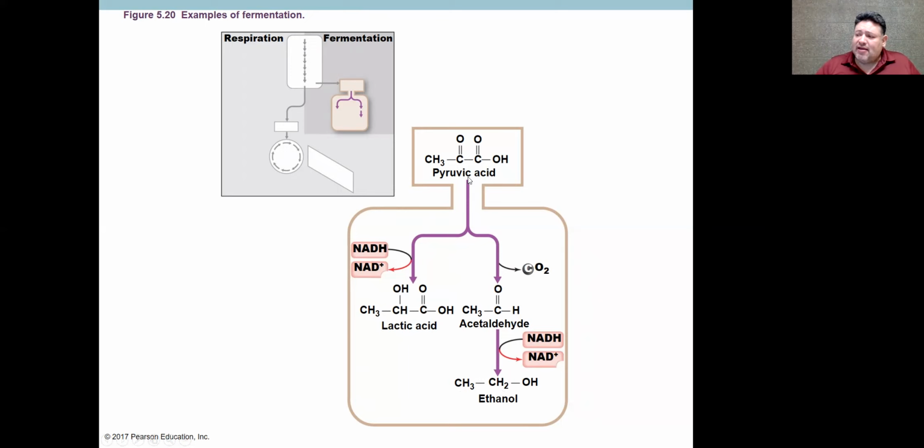When you and I catch up, and we no longer have that high energy demand, and we're standing still, we have developed an oxygen debt. And so what happens is that this lactic acid slowly becomes pyruvic acid, and then that pyruvic acid goes through the synthesis of acetyl-CoA, Krebs cycle, and electron transport chain.